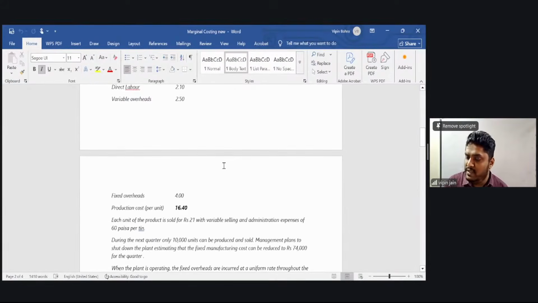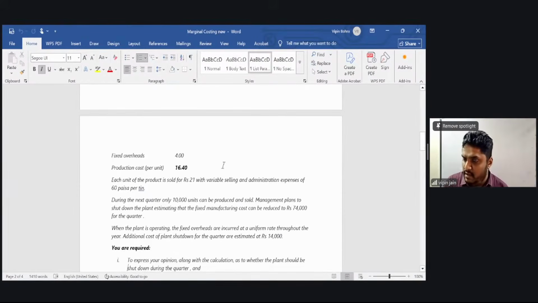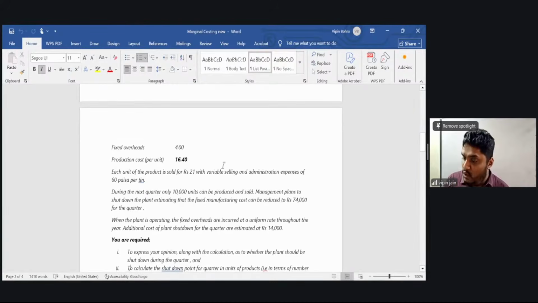Each unit of the product is sold at 21 rupees with variable selling and administration expenses of 60 paisa per tin. Now see, they are saying that during the next quarter, only 10,000 units can be produced and sold.